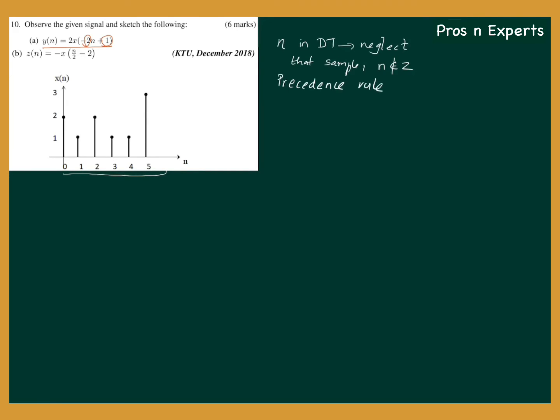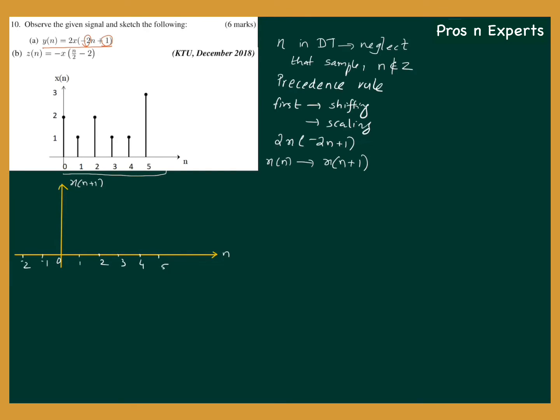As per the precedence rule, first you do shifting, then only scaling. We are given x of n in the question. So to find 2x of minus 2n plus 1, first you have to find x of n plus 1 from x of n. That is what the precedence rule says. So let me draw x of n plus 1.